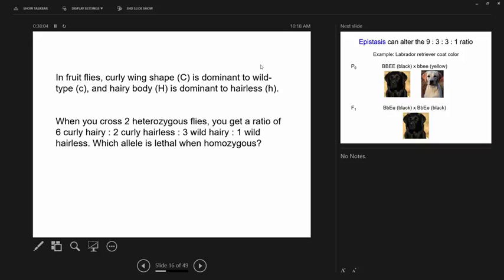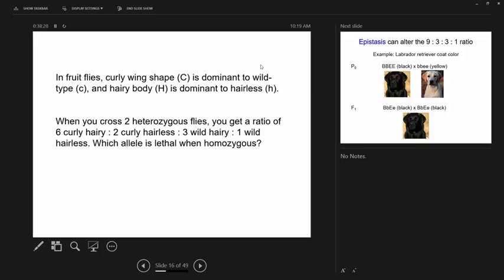The question I'm asking is, which of these alleles is going to be lethal? So it's going to be either C or H, in either big C homozygote, little c homozygote, big H homozygote, or little h homozygote.